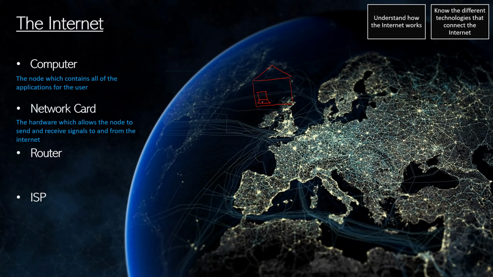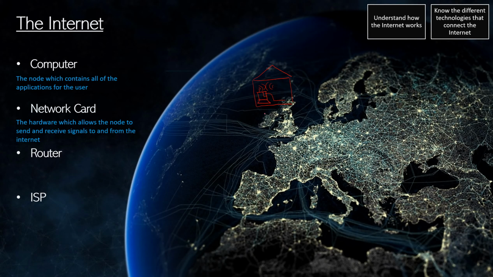Okay, so in some cases, if you have a desktop PC, you might have a little card inside it, and it allows you, for example, to link an Ethernet cable to it, and that Ethernet goes directly to something else we're going to talk about in a second. Or you might even have an antenna on your computer which sends and receives the signals of the internet. This is all done through a network card.